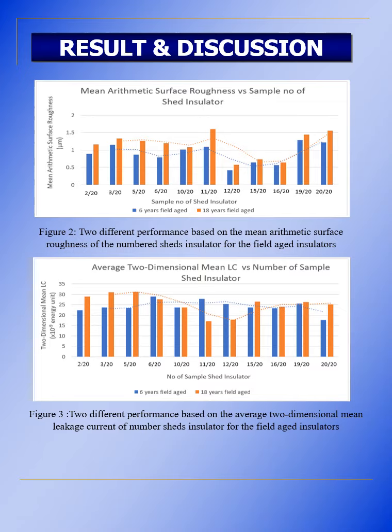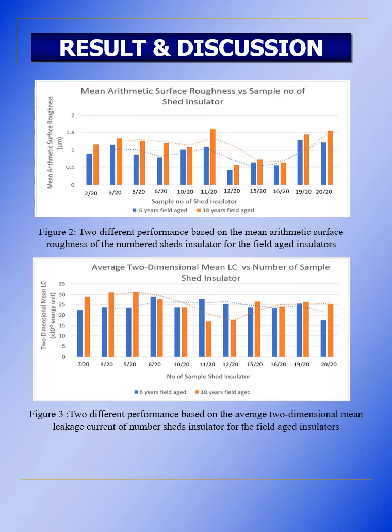Figure 3 refers to two different performance based on the average two-dimensional mean leakage current of number of sheet insulator for two groups of field edge. The bar graph shows that the value of average two-dimensional mean for 80 years is much higher than 6 years.